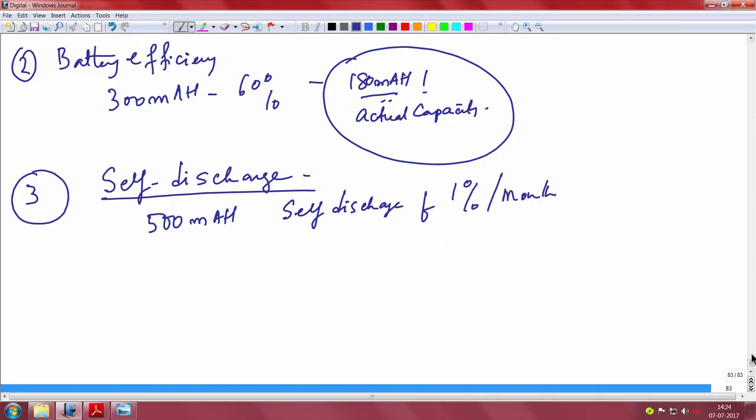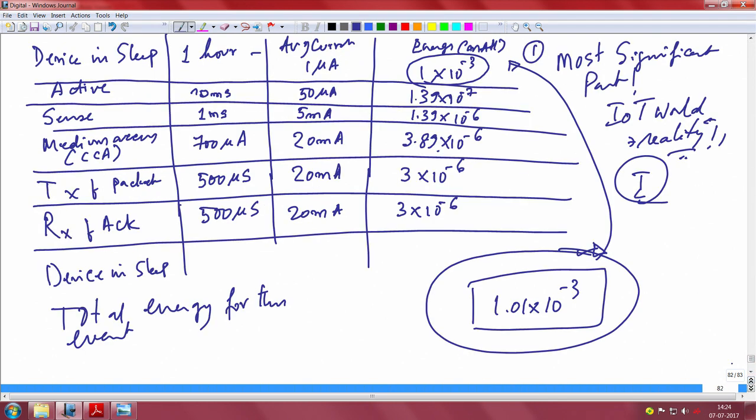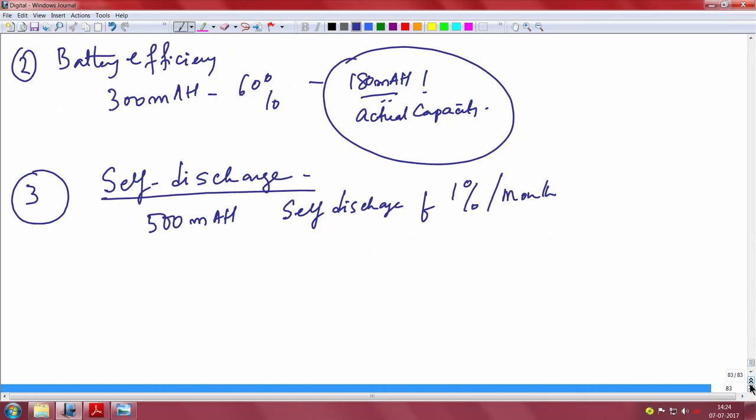And if you apply this table, I am applying this on a 500 milliampere hour battery. Okay. After 1 month, what will happen after 1 month?